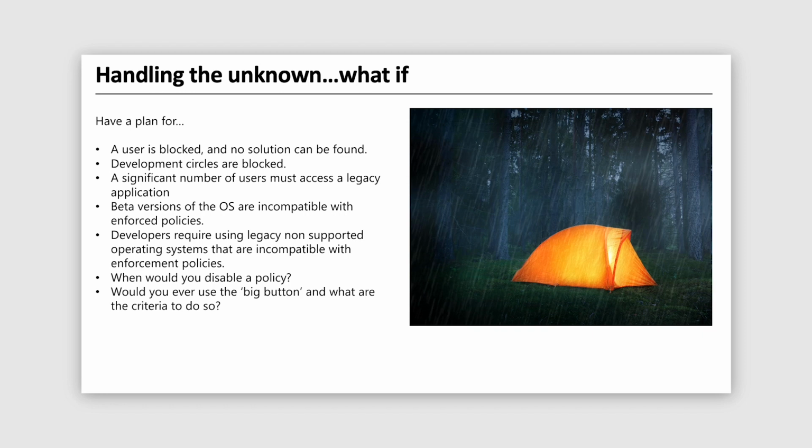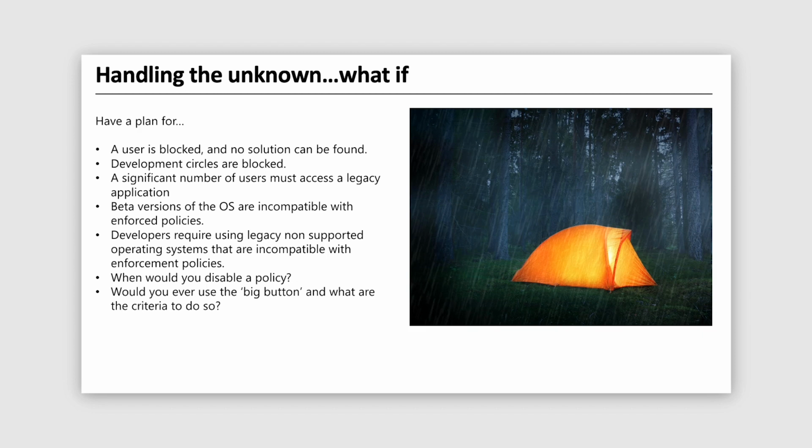And the last thing I'd say is understand when you would use the big red button. I use that term because when we first started implementing conditional access a couple of years ago, the question always came up: when you have this fully implemented, what happens if something goes wrong?